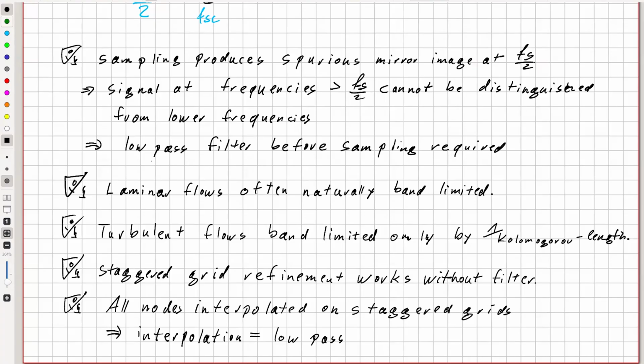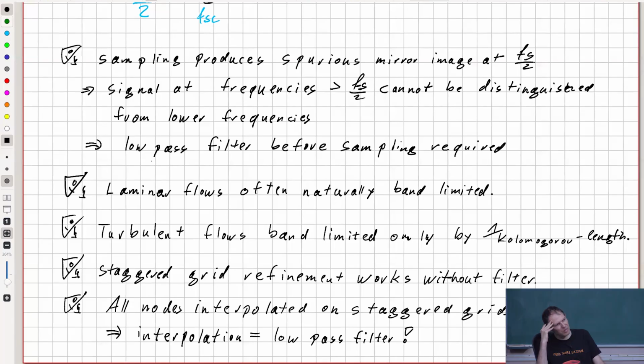So this automatically eliminates these high frequencies. And therefore, whoever used staggered grids never ran into this problem. You can now ask, did they think about it beforehand, or have they just been lucky? We don't know. But if you use staggered grids, you don't have this problem.